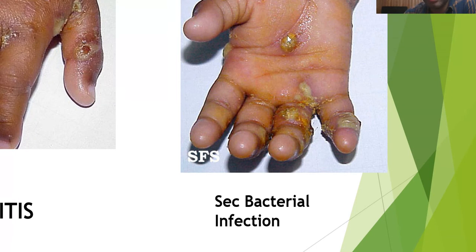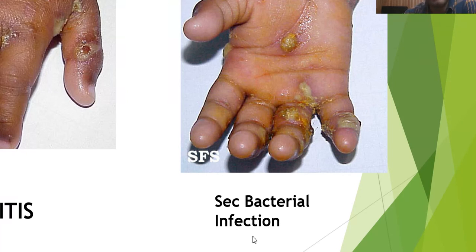You can see these pustules and crusting with some bacterial infection, and there is also swelling of the hand. As a result of skin infection, there is cellulitis, swelling of the whole hand. So this can be the complication of untreated scabies.